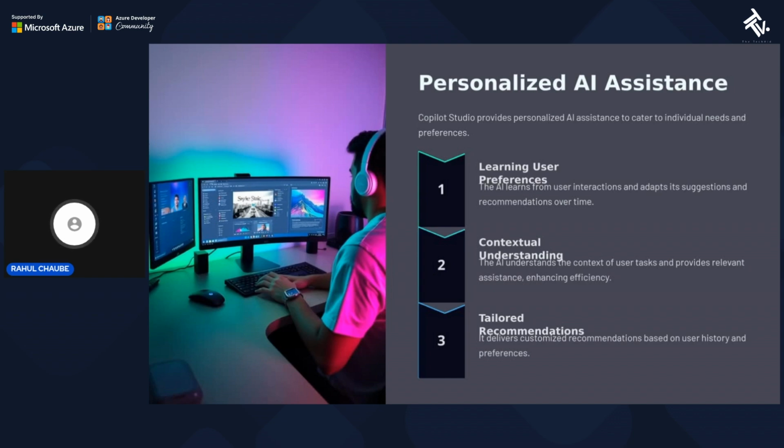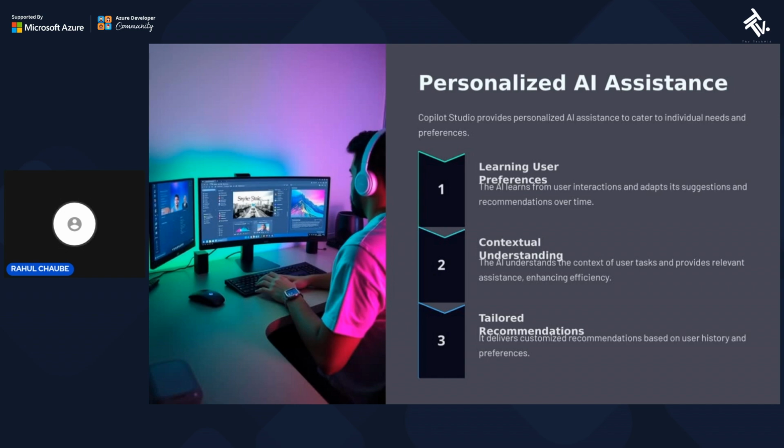Personalized AI assistance is another thing you can work with. The platform doesn't provide generic help. It learns from your behavior, and over time it gets smarter, giving you recommendations based on how you work.